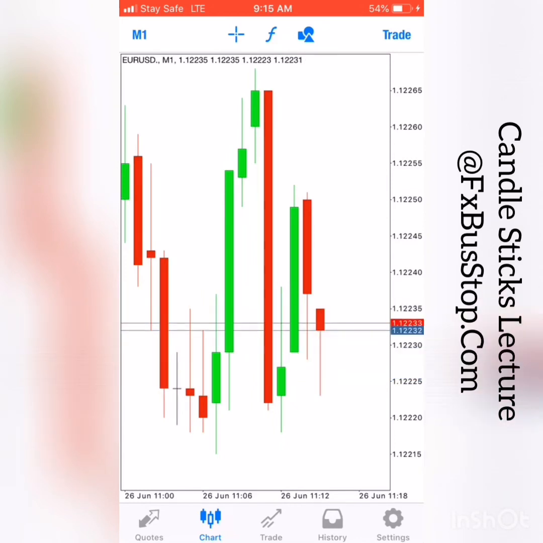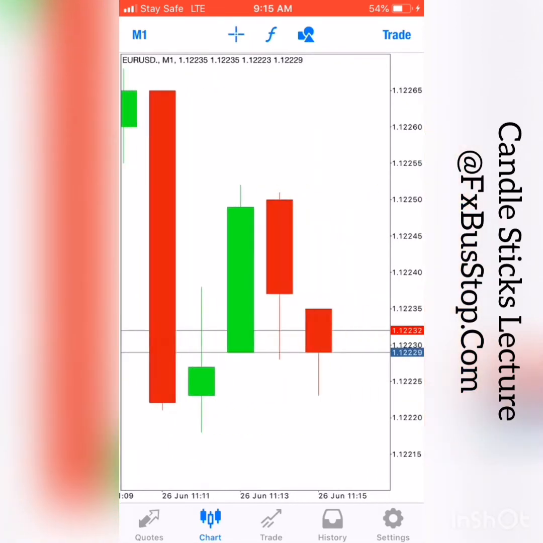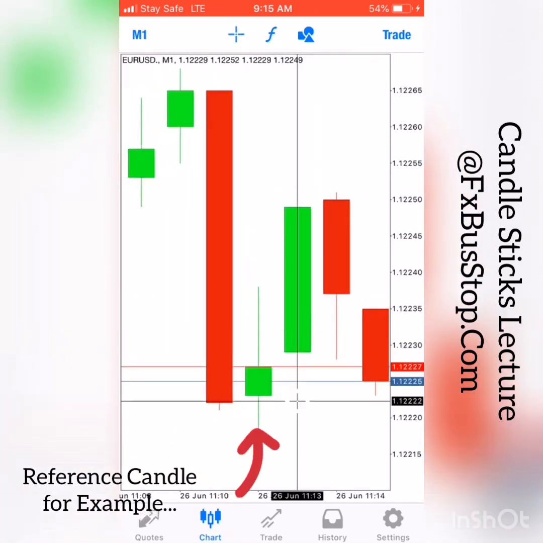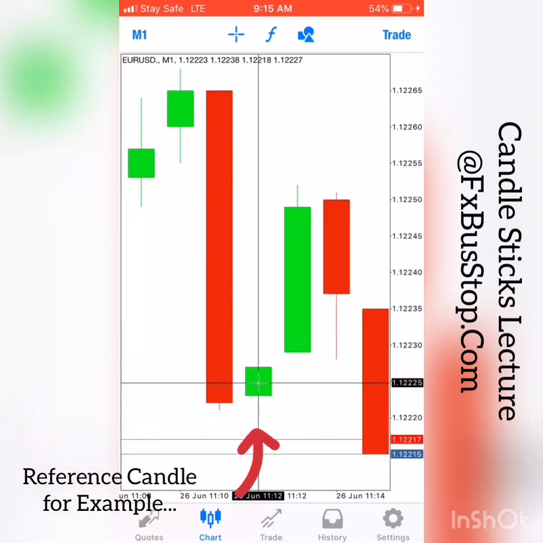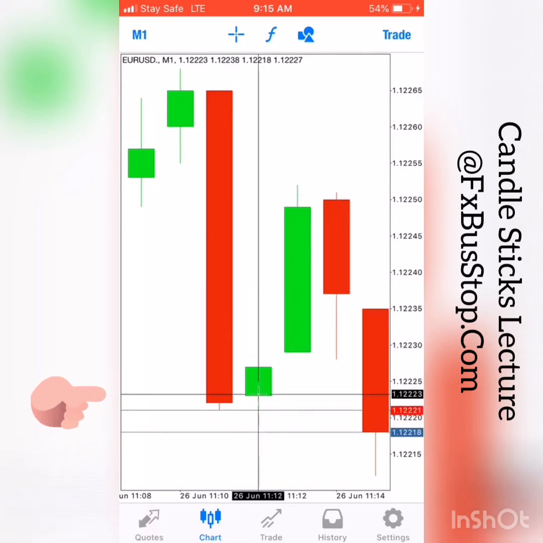Let me use this green candle right here as an example. I'm quickly zooming in so that you can see the candle clearly. This is the starting point of this candle, where my cursor is right now.